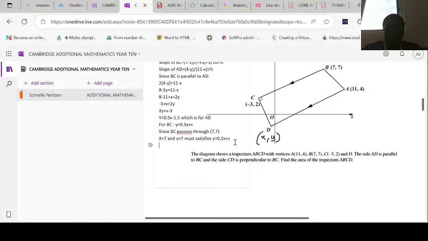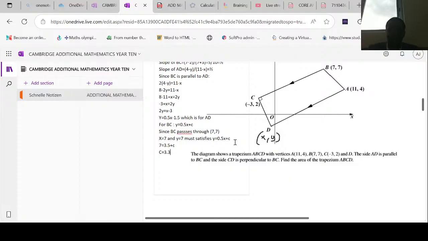So let's substitute it into the equation because that's a point on that line. Which means we have 7 equals 0.5 times 7. 0.5 times 7 is going to give you 3.5, am I correct? 3.5 plus c. Do you get it? So c now becomes 7 minus 3.5, which is 3.5.